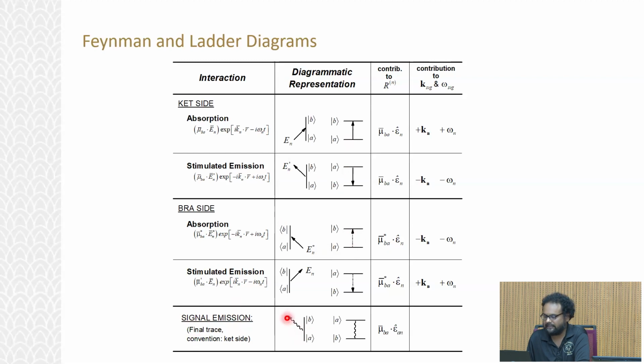It's the last thing after all the field interactions are done, then you will emit the signal. Some basics. We'll come back to this and go deeper into the contribution, the direction of the signal, the wave vector, but get a feel of how we can represent a Feynman diagram.